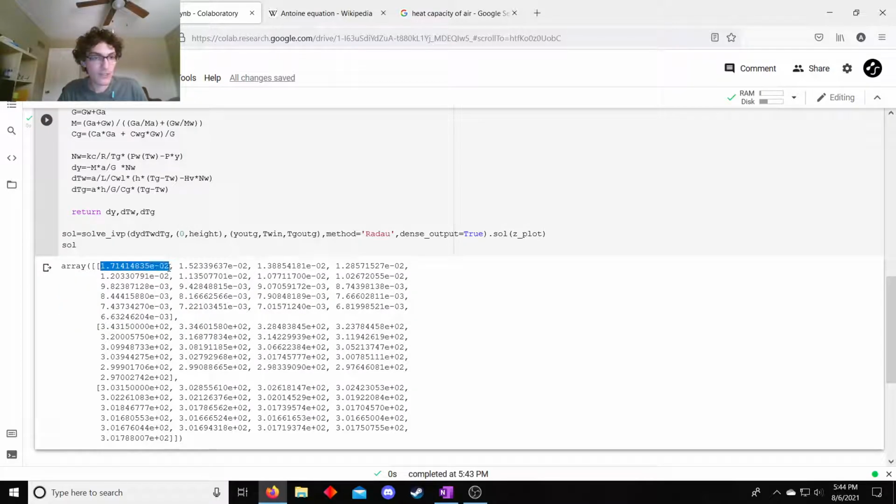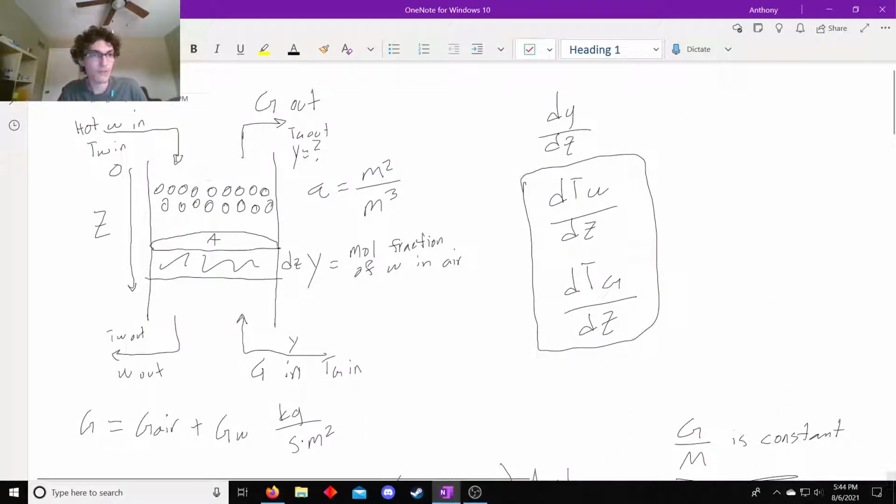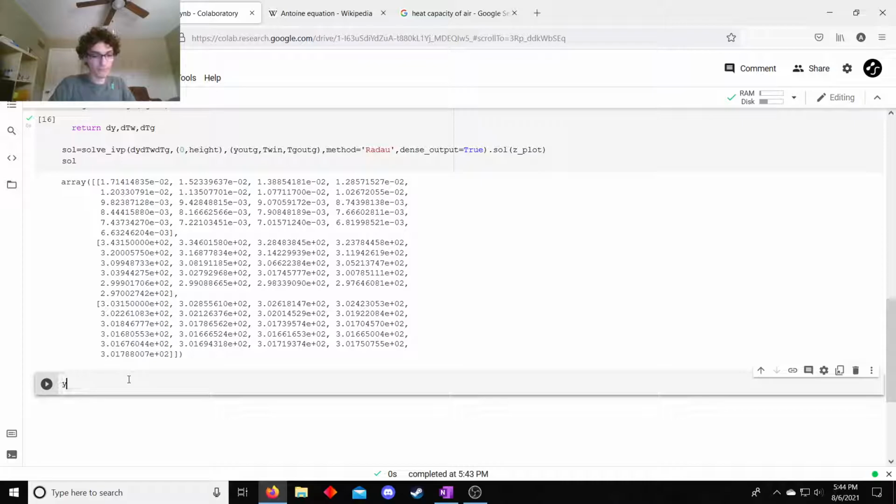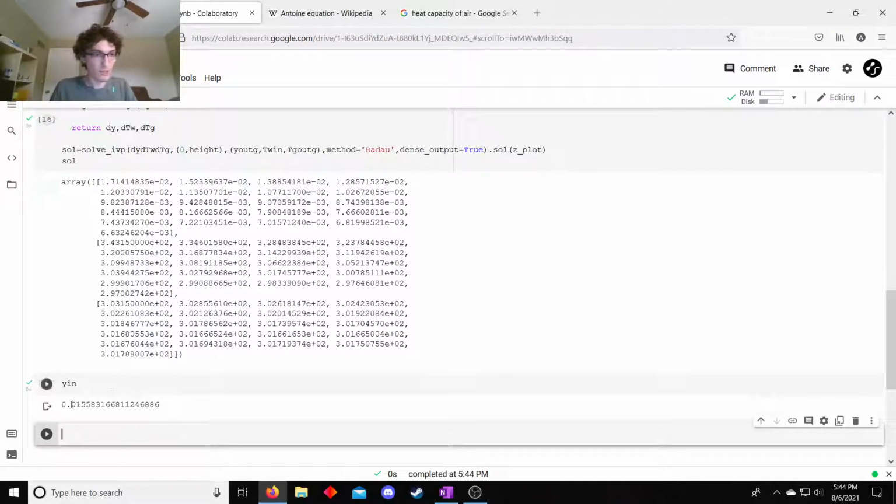So this first number is going to be when z equals 0, and this last number is going to be when z equals 20. If we look back at our picture, z equals 0 is up here, z equals 20 is down here. So what we know is that when z equals 20, the value of y should be about 0.016.